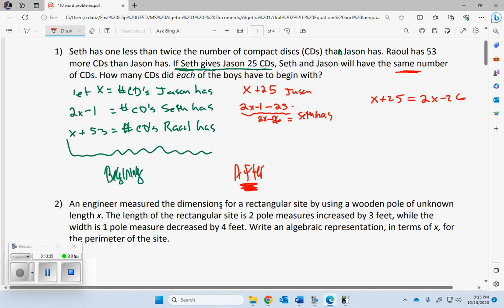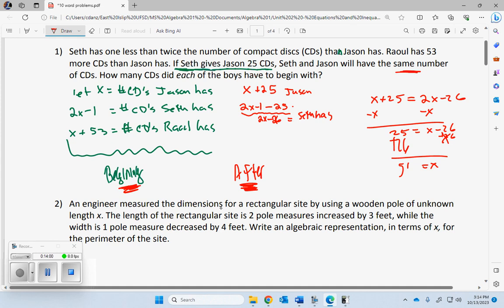And then we solve this. I'm going to subtract X. I'm going to add 26. X is 51.